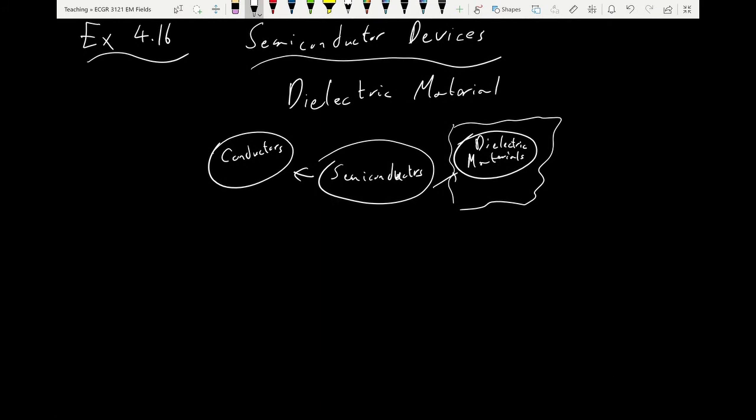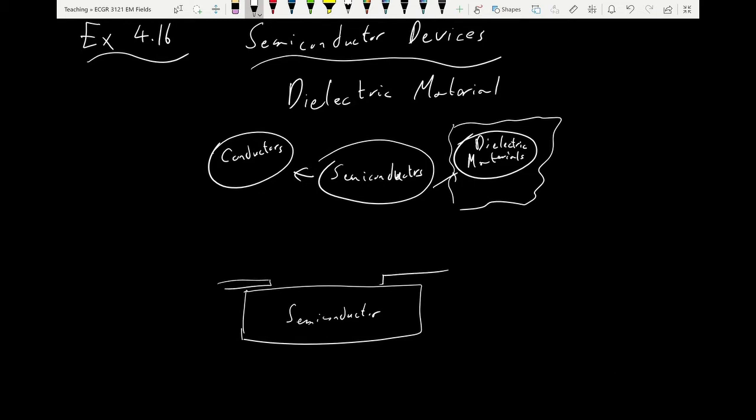So in semiconductor design, you would have a substrate with a semiconductor material, and then you could have some copper traces and whatnot. And the semiconductor would sometimes act as a conductor, sometimes act as a dielectric or an insulator.